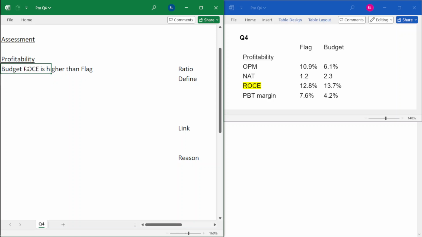ROCE is higher. So how do you define it? By default, ROCE is profit over the CE. So it is return in relation to CE.